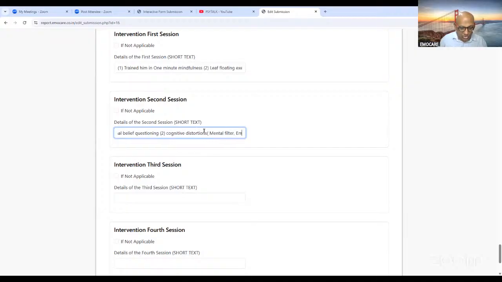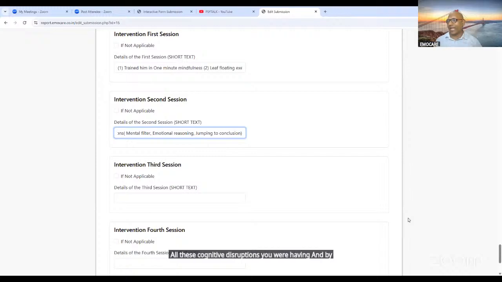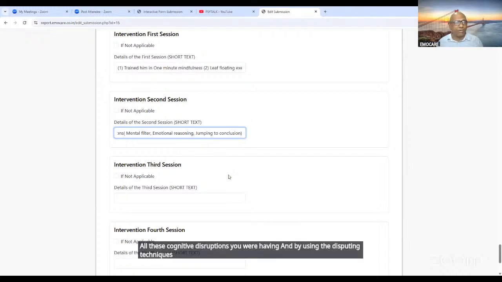He is having emotional reasoning and jumping to conclusions. All these cognitive distortions he was having. And by using the disputing techniques, we try to empower him.